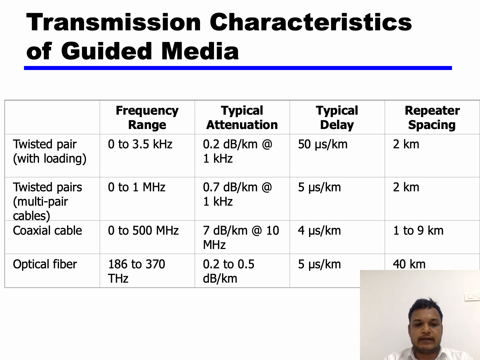Optical fiber cable has a frequency range of 186 to 370 terahertz, the attenuation is 0.2 to 0.5 decibel per kilometer, the typical delay is 5 microseconds per kilometer, and the repeater spacing is 40 kilometers.